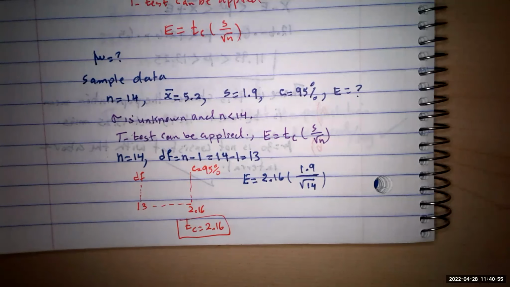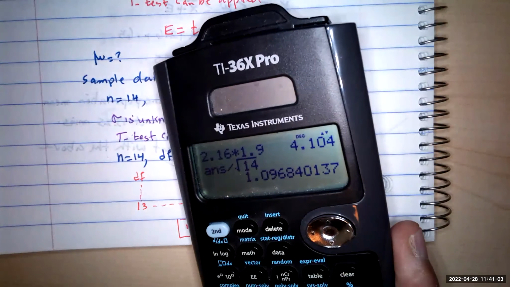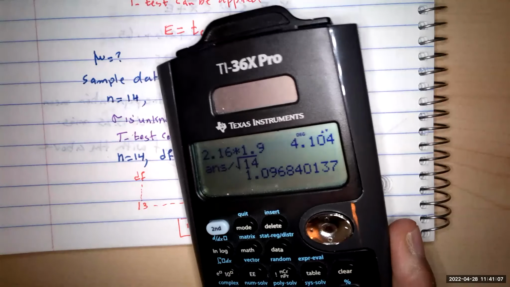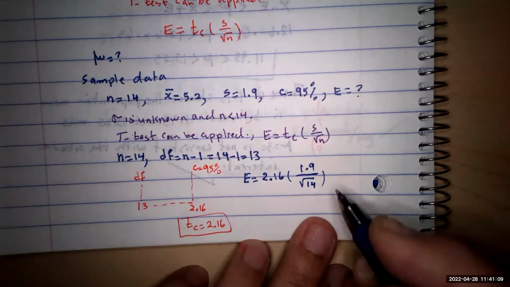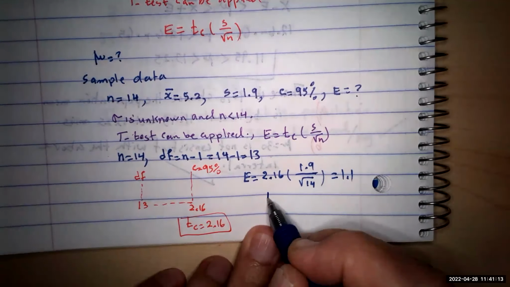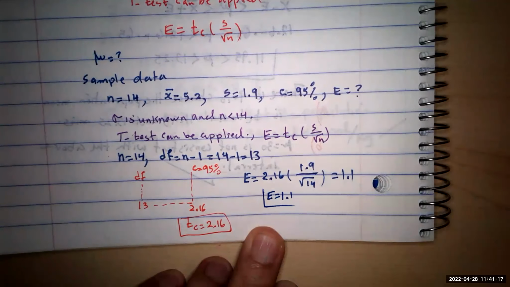The final answer is going to be 1.096. So I run that, and it's going to be 1.1. So this is going to be almost 1.1. So the marginal error is going to be 1.1 phone calls, if you like.